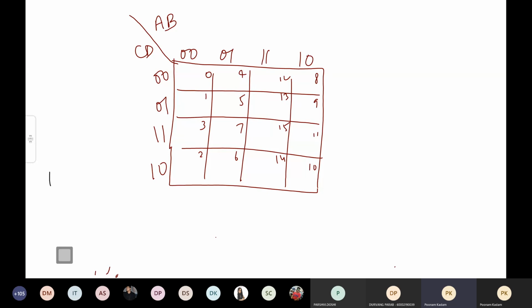So we are interested in forming groups of ones. We have to see to it that all the ones are getting covered while writing the minimized expression, which I'll explain later on. The procedure to get the minimized expression, I'll show you. But before that, you must understand in what all ways you can group one cells together, right? So let us say the one cells are present, let's say.